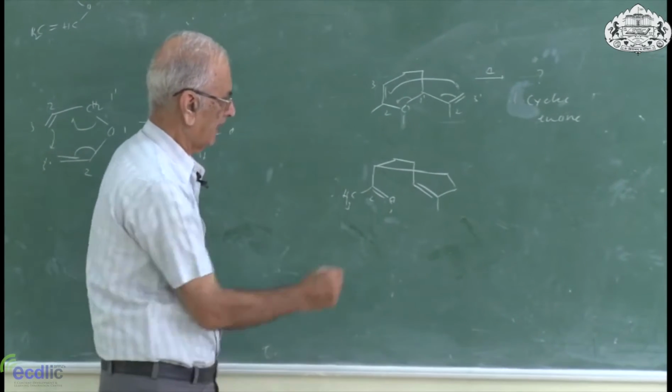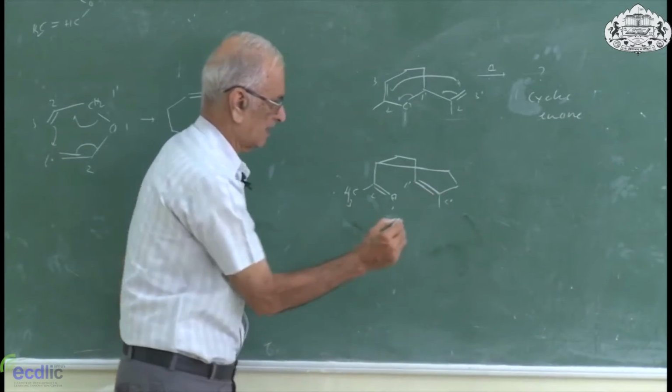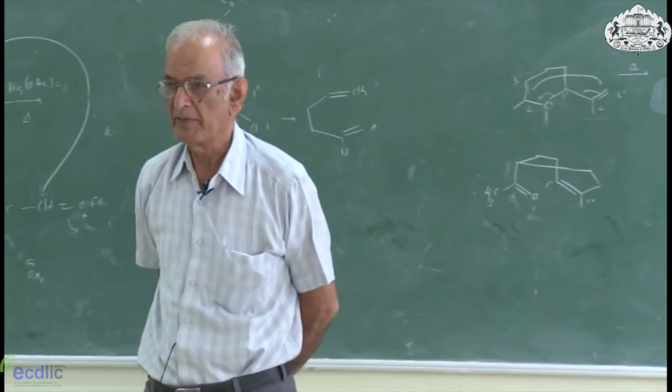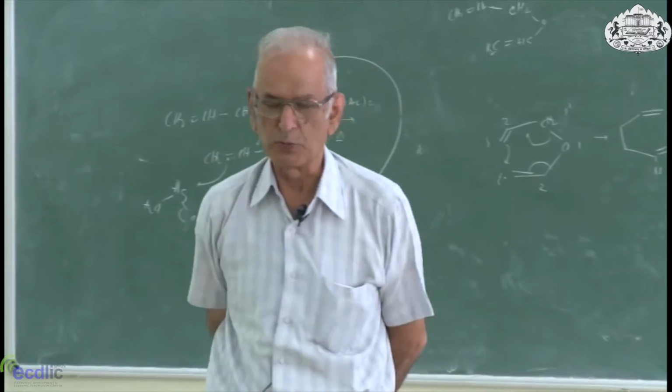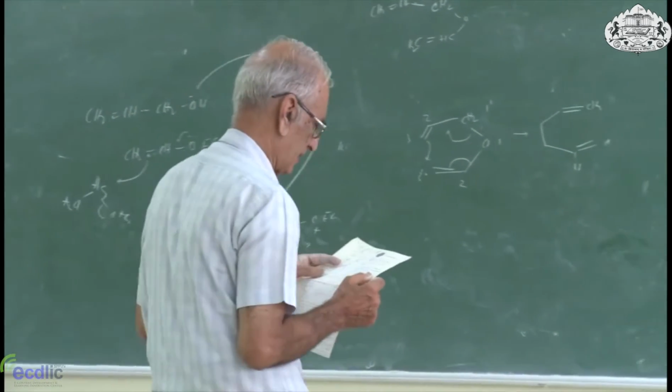Double bond is between 1 and 2, double bond is between 1 dash and 2 dash. Okay.